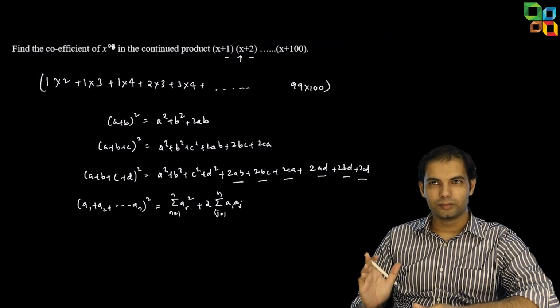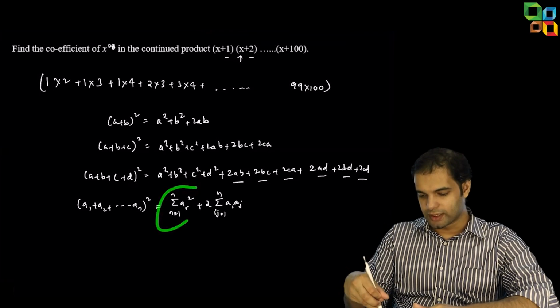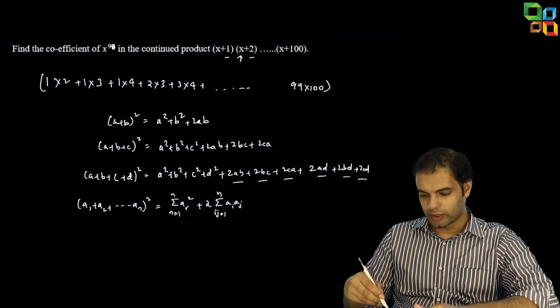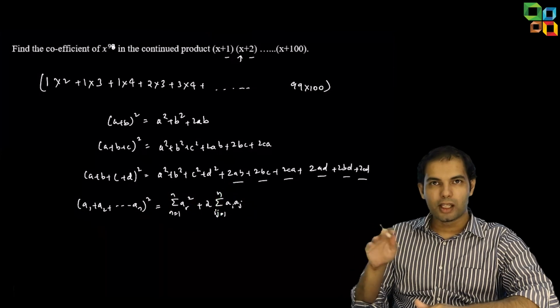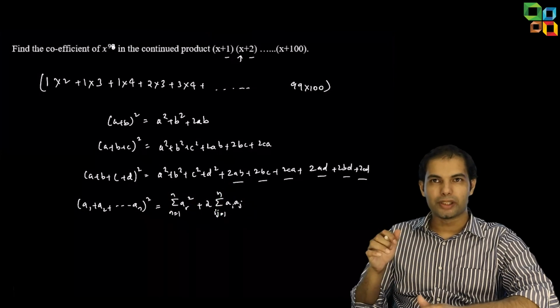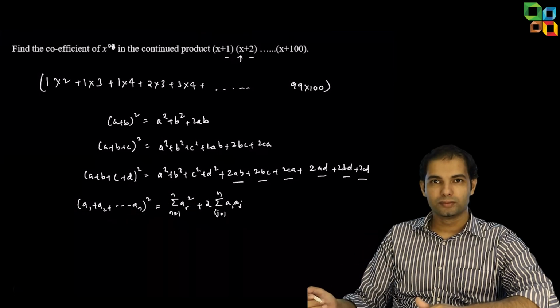Are you able to follow? Basically, this is nothing but the sum of all the squares from A1 to AN, and this is 2 into the sum of the product of any two numbers. That's what we get in the whole square.